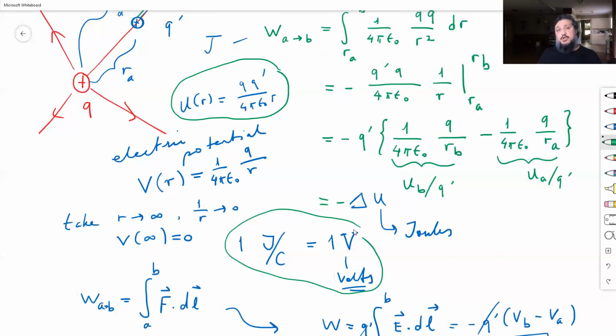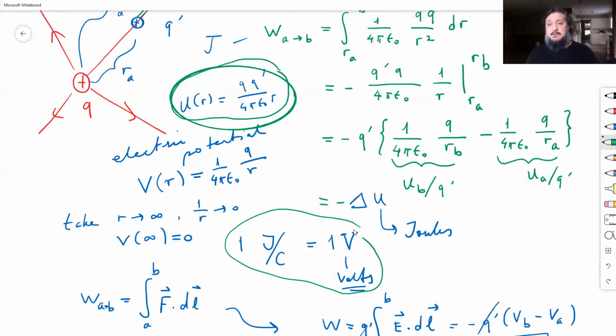This would be the work you would do to bring the second particle, or the first, doesn't matter, one of them, all the way from infinity to where it is. All right? If one is positive and the other one is negative, they want to get closer because the force is attractive. Then the work you would do to separate them, so take one of the particles and carry it away all the way to infinity, the amount of work you would do would be equal to this expression here. That's how you interpret it.